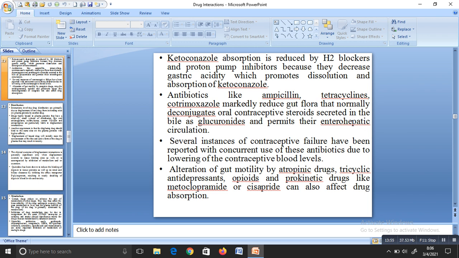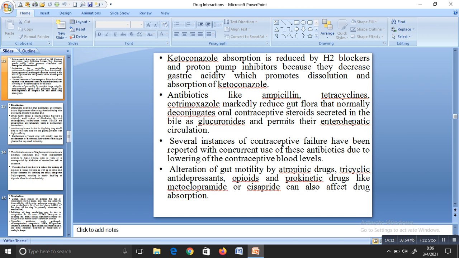Okay, next is antibiotics. If you are taking some antibiotics with oral contraceptives, oral contraceptive failure occurs. You may think how this oral contraceptive failure occurs. Normally, in our GIT some essential bacterial flora is there.